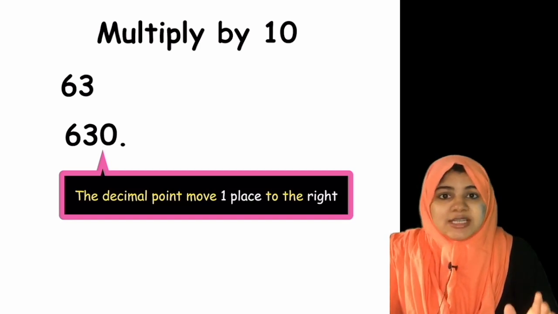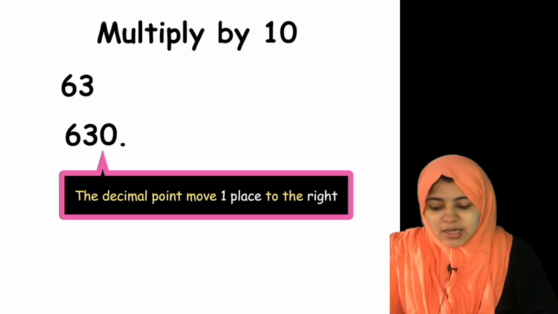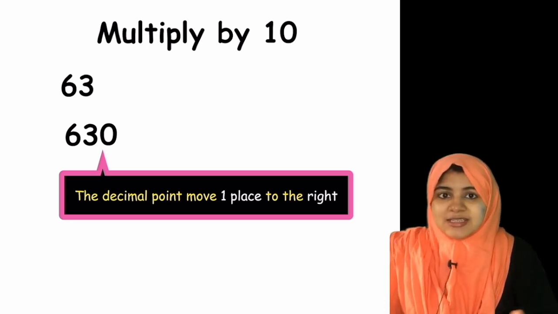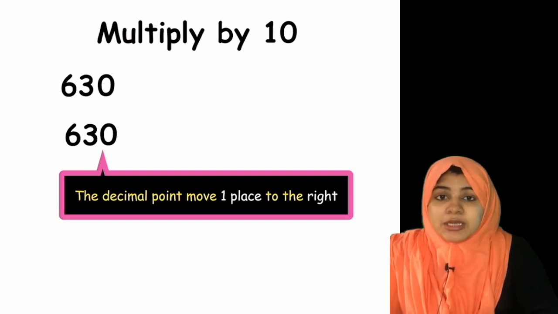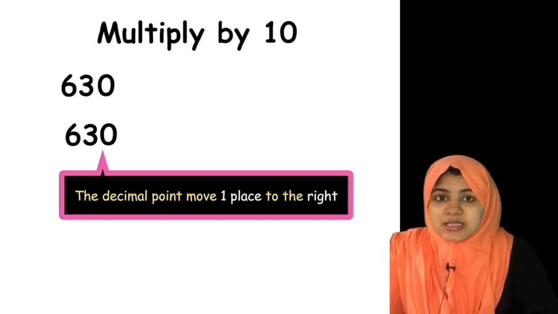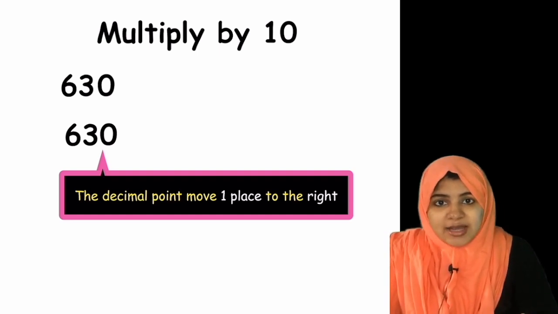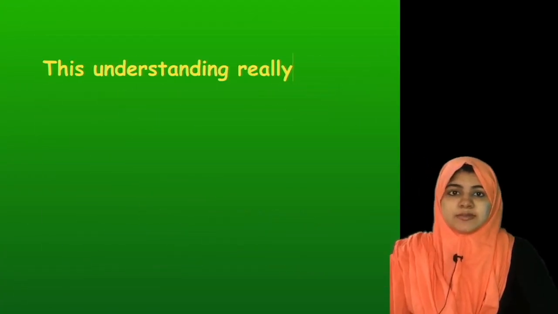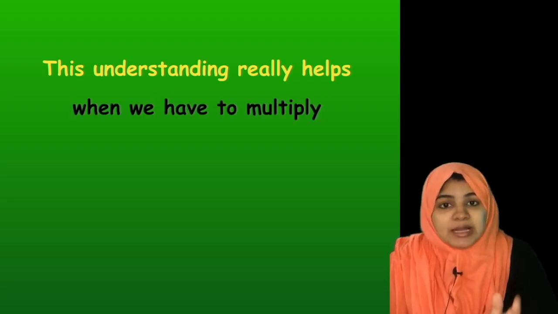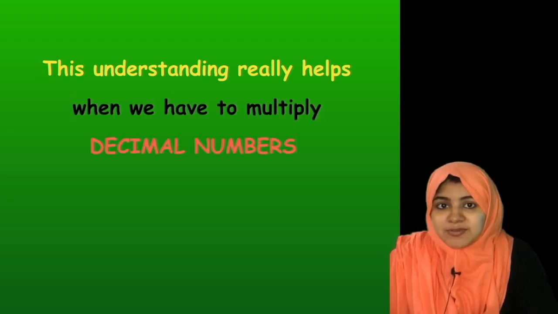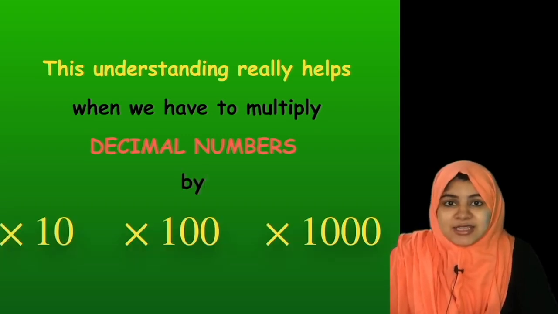So, it is 630. Isn't it? So, when you multiply 63 by 10, you get 630, by moving the decimal point towards right one place. This understanding really helps when you have to multiply decimal numbers by 10, 100 and 1000.